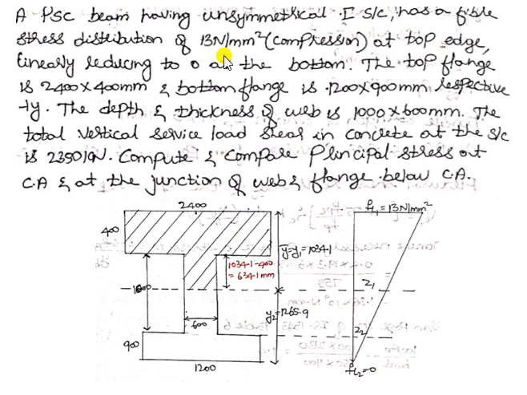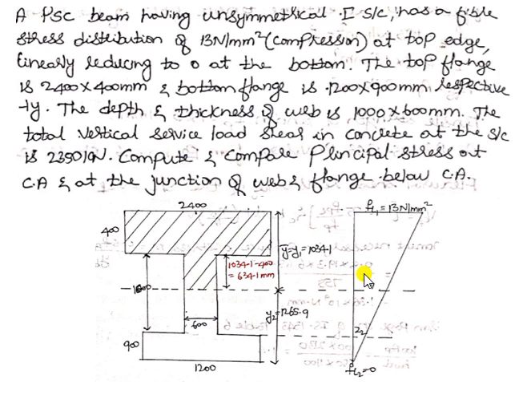Here they have given the stresses with respect to working load condition, that is the given stress value is with respect to dead load plus live load, that means FL1 and FL2. So the top fiber stress FL1 is 30 Newton per mm square and bottom fiber stress FL2 is 0. So here I should calculate this and this value.